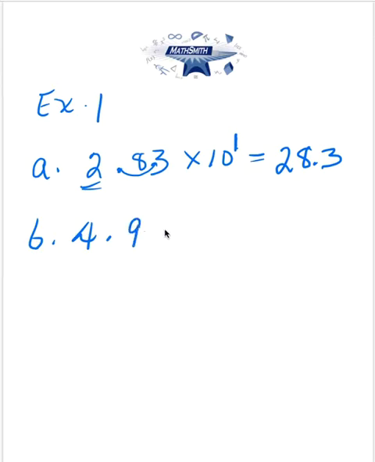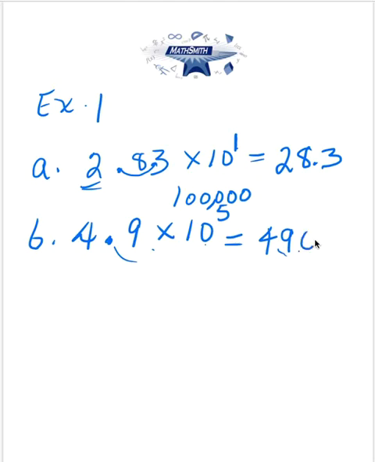All right, now you've got 4.9 times 10 to the fifth. This is a big number. 10 to the fifth is 1 with 5 zeros, that's 100,000. 1, 2, 3, 4, 5. So I'm going to take the decimal and move it to the right 5 times. 1, 2, 3, 4, 5.